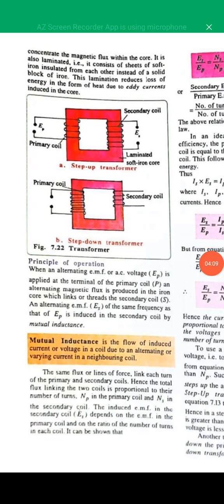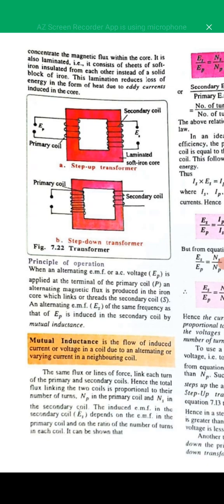According to Faraday's first law of electromagnetic induction, whenever there are changes in the magnetic flux density of a field by virtue of these interactions, an EMF is induced. So that is the function of this soft iron core.